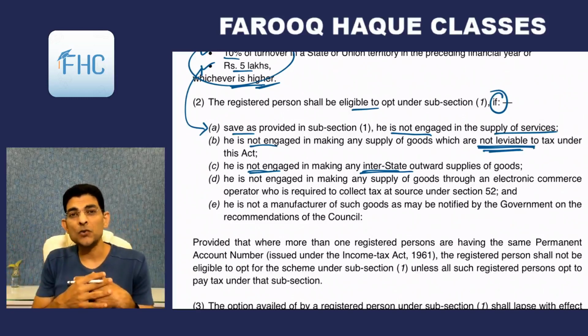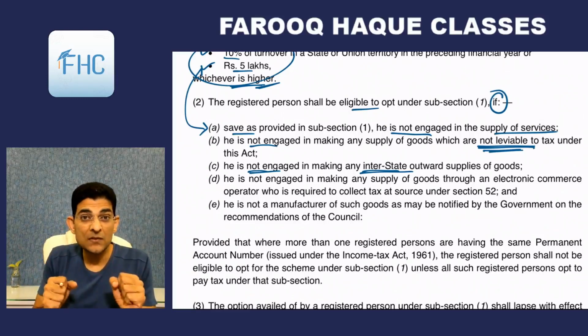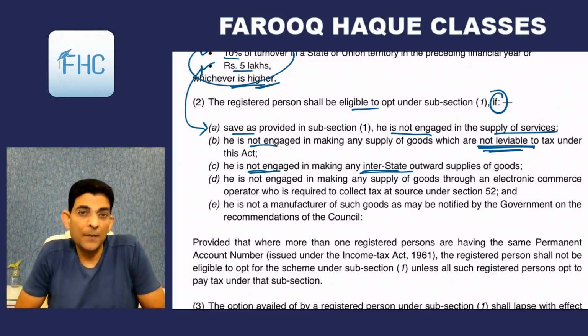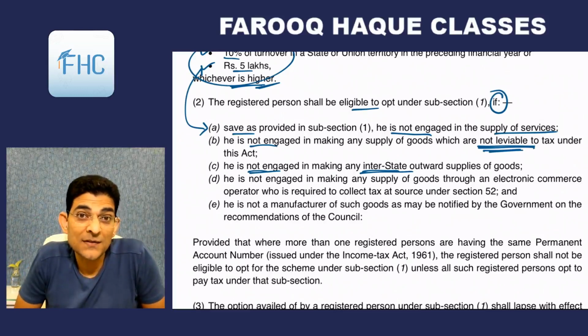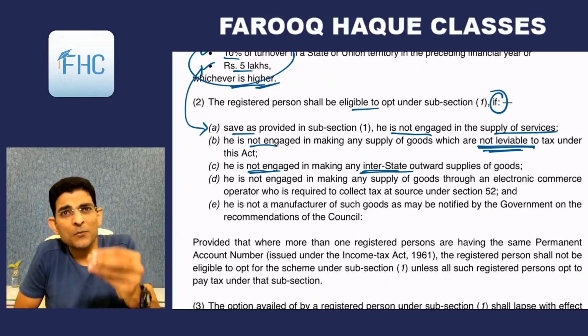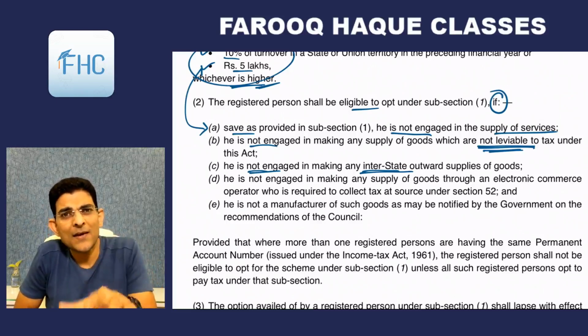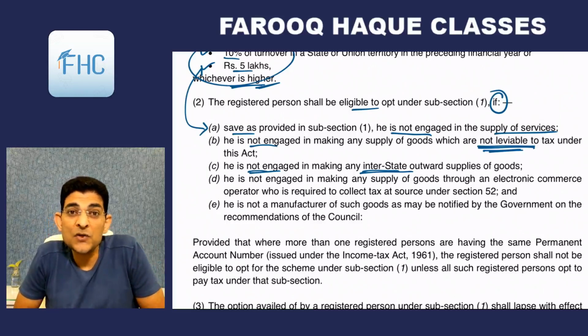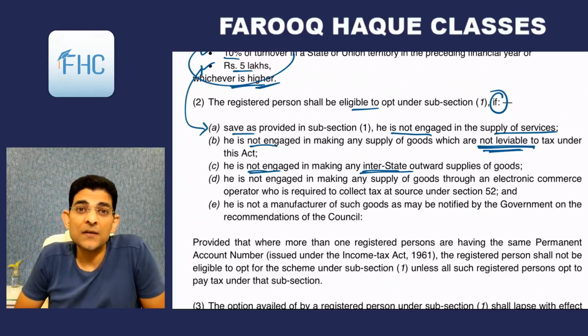Like I have a pan shop. I've got pan shop in 15 states. That's fine. But do I sell my pans interstate? No. I sell pan to customers who come to my shop and they consume it then and there. So all my sales from each of these shops is intrastate.